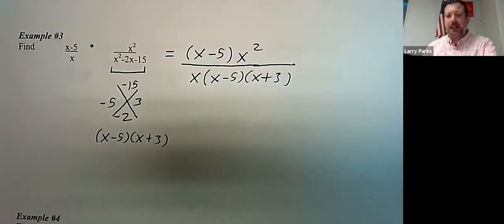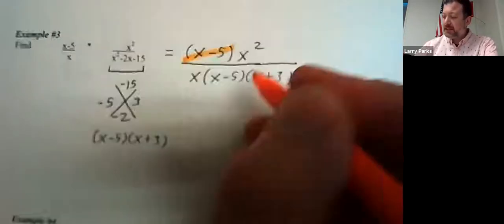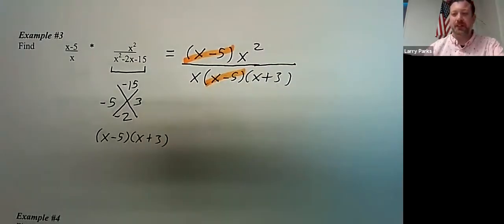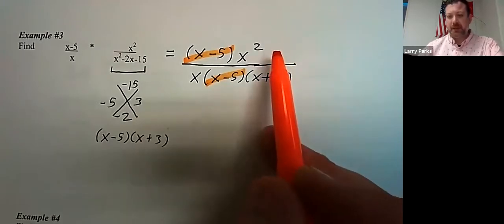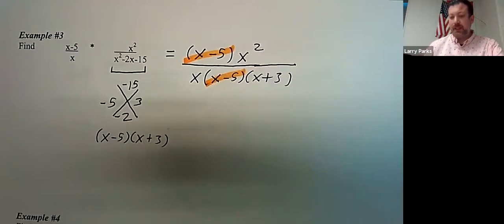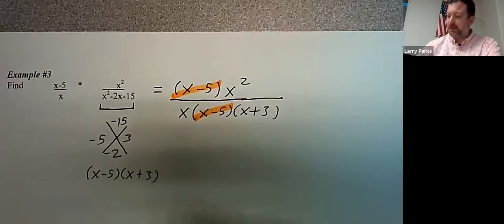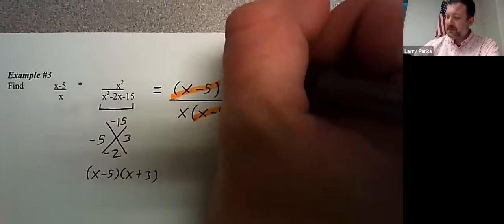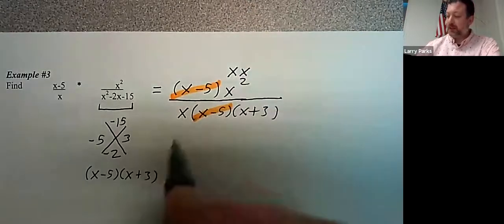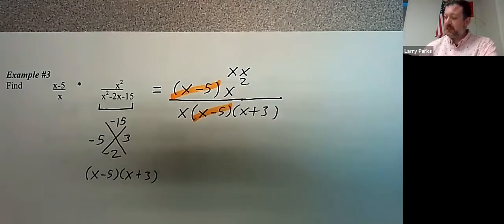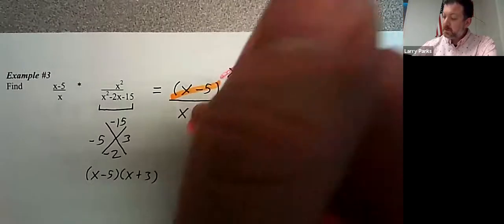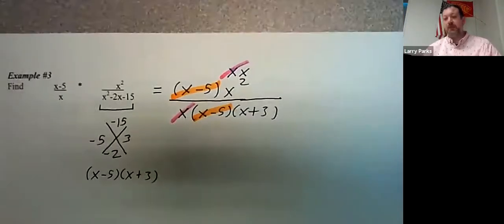From here, common factors, I have an x minus 5 here and here. Those go away. X plus 3, I don't have another X plus 3. But X squared, you could break that up into X and X. So you have one X that goes away. And that's what we're left with.